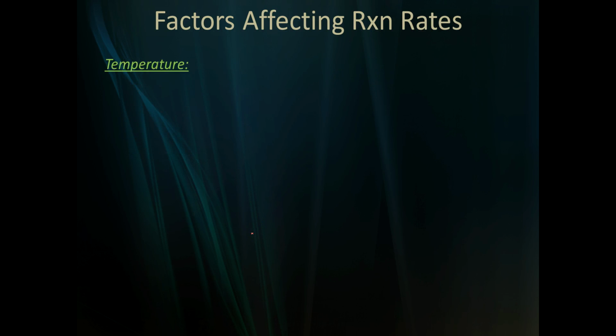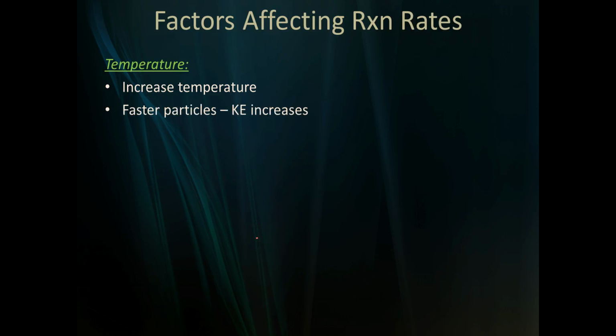All right, let's talk about our temperature factor first. If you increase the temperature, and you should have seen this in the lab the past couple of days, what you're really going to be doing is increasing your kinetic energy. So your molecules are moving faster. If they're moving faster, two things happen. One, you have more collisions. Because they're moving faster, they're just going to collide more often.